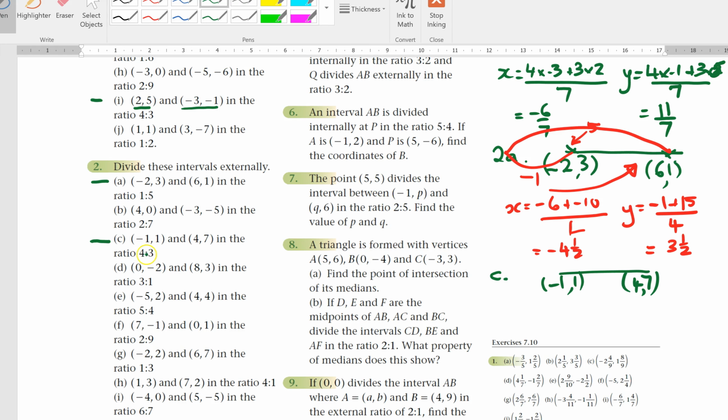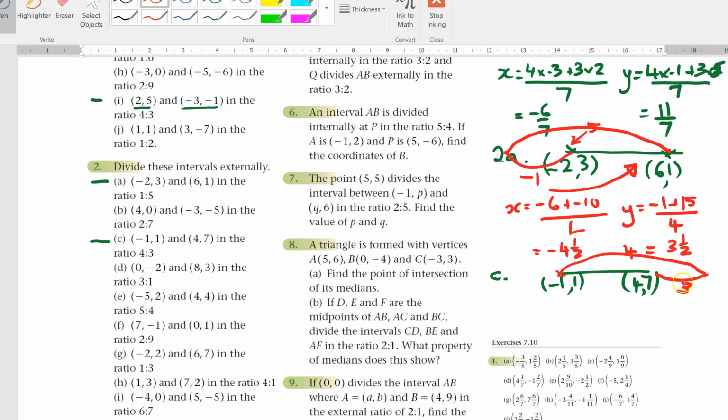I've picked this one obviously because the first number is bigger. So in that case, starting on this left-hand end, I go 4 out and 3 back, and clearly it's not to scale.